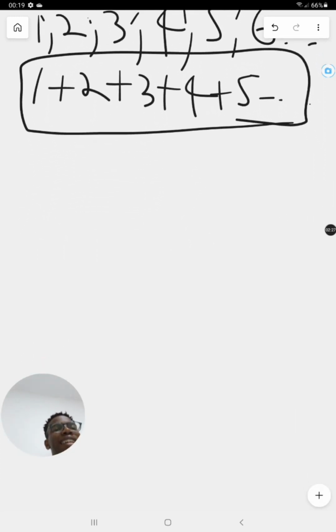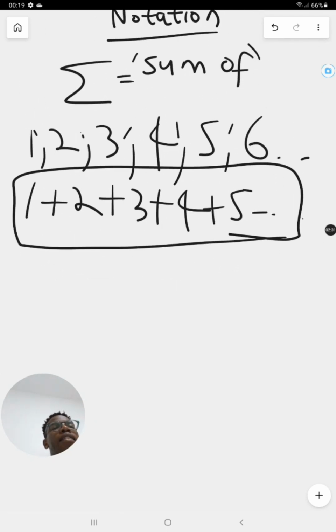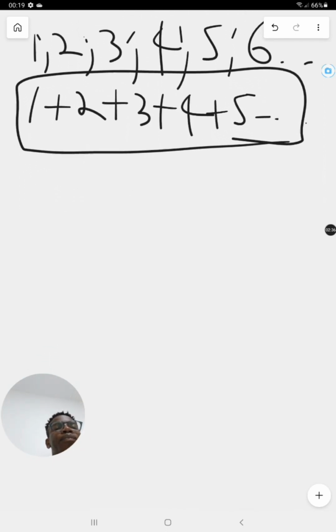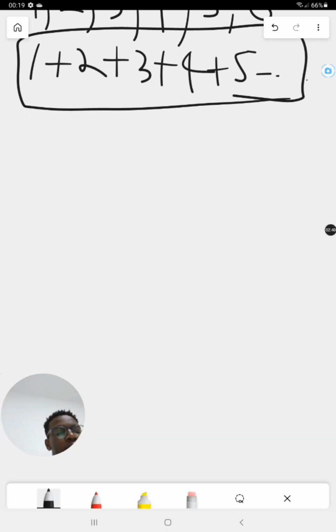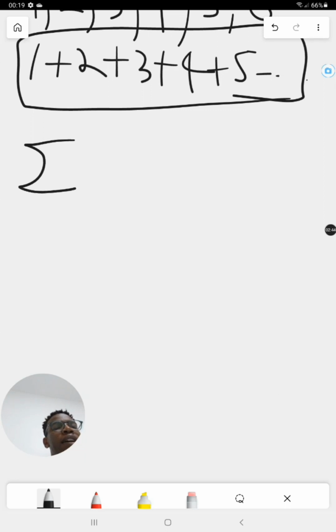Now, how would you write that in sigma notation? Remember, that sign there that looks like an E with a curved middle body simply means the sum of. So if I have, for instance, sigma, and then I have, say, let's use the letter P. It's just a random letter P, and then at the bottom I have P is equal to 1, and then I have 5 at the top.